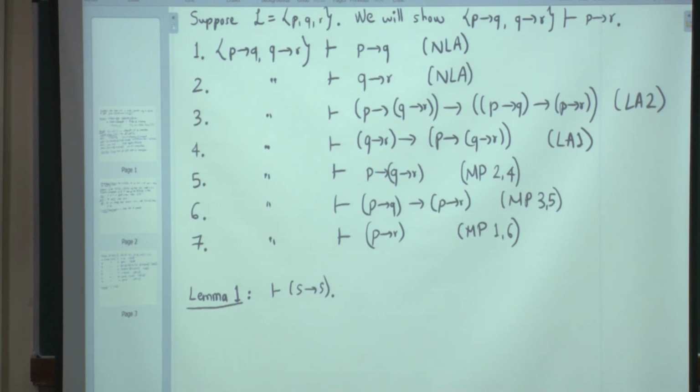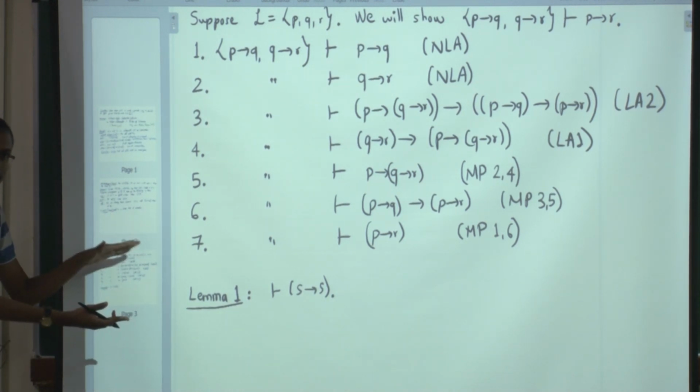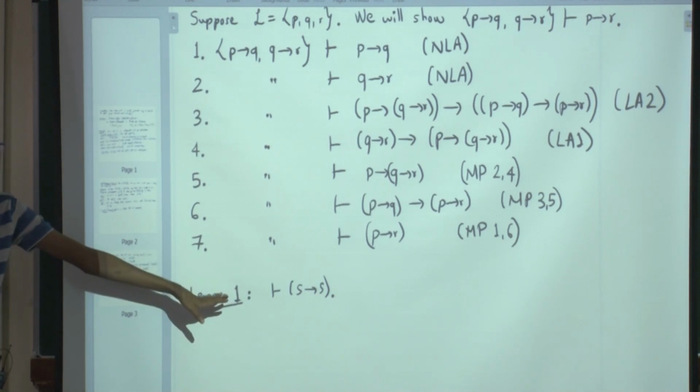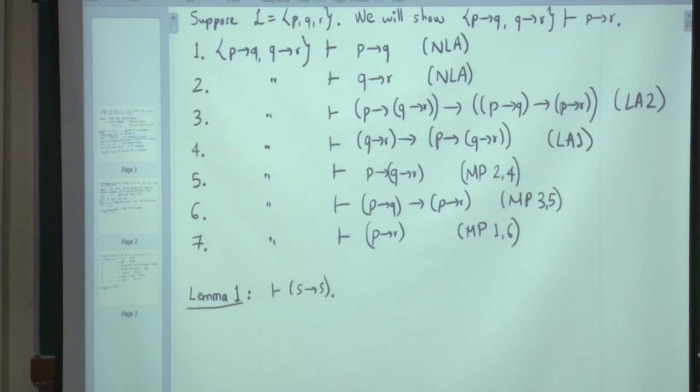So now notice something. It's a tautology, so you want to derive a tautology from the given tautologies, because there are no NLAs. The left hand side is empty, so no NLAs. Only use logical axioms, means only use tautologies from the given set of tautologies to conclude other tautologies.